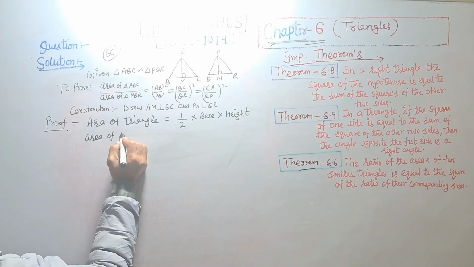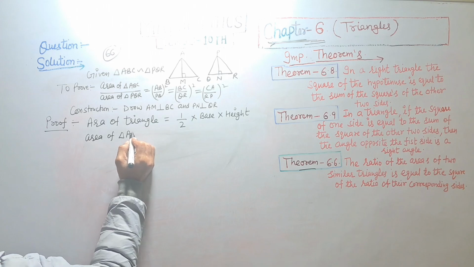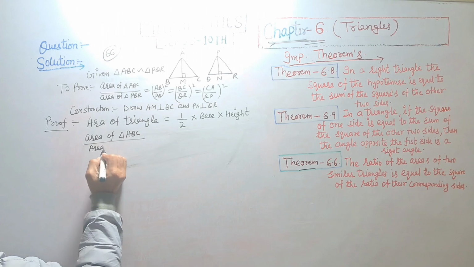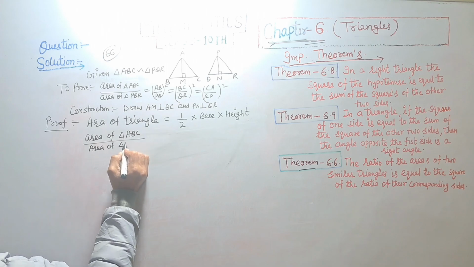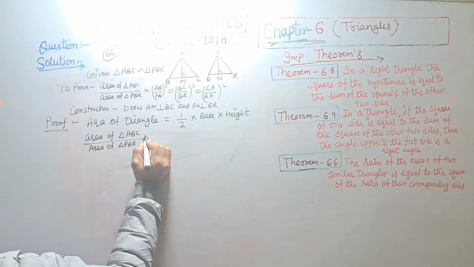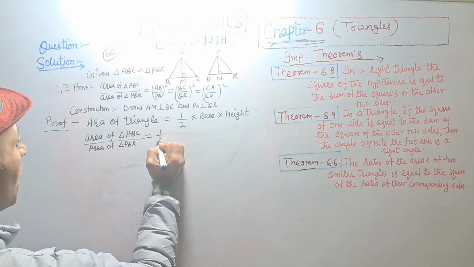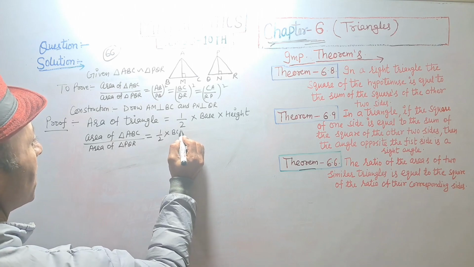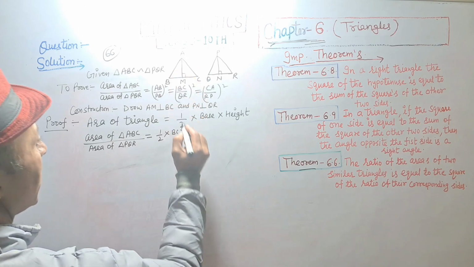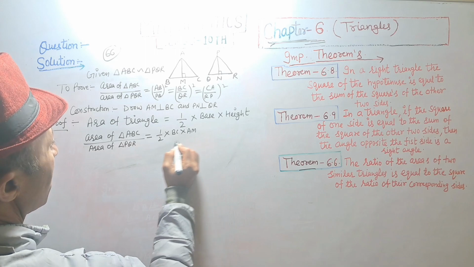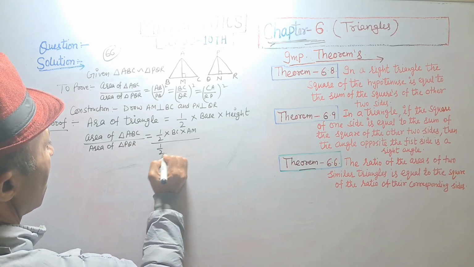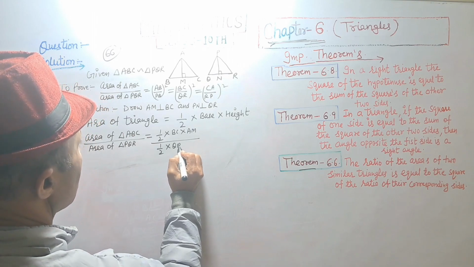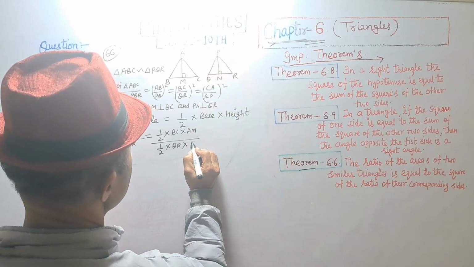Area of triangle ABC upon area of triangle PQR is equal to half into base BC into height AM, divided by half into, in triangle PQR, base QR into height PN.